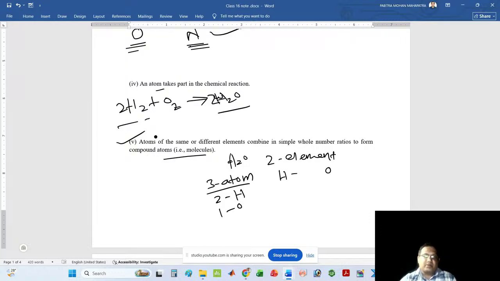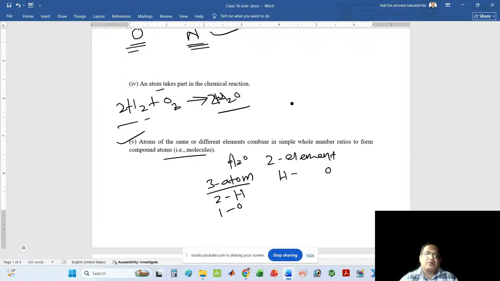Now look at the point. Atoms of the same or different element. Maybe the molecule is made by the same atom or maybe by different atoms. Here, two types of atoms are used: one is hydrogen and another is oxygen.